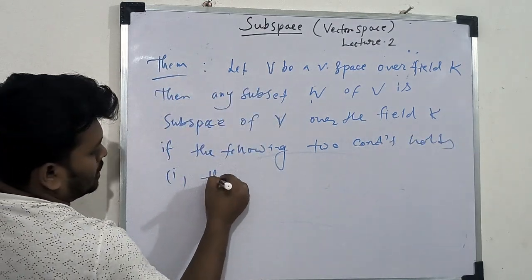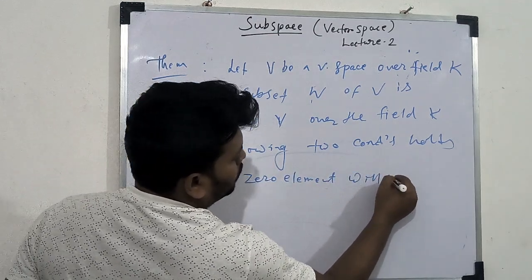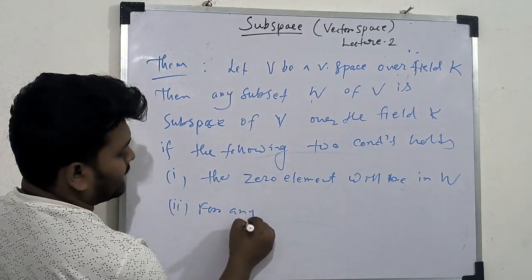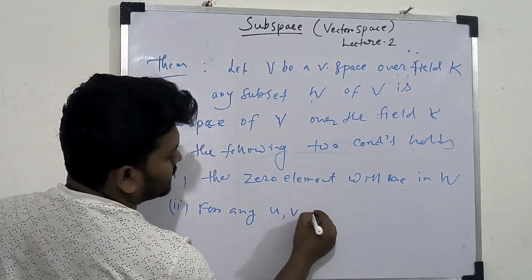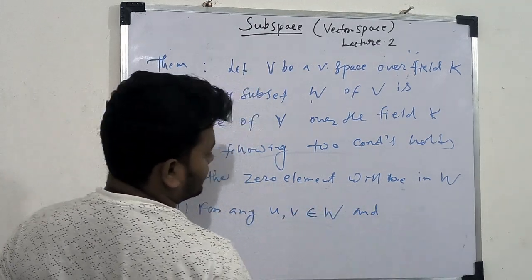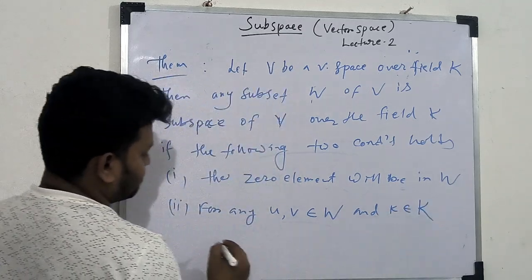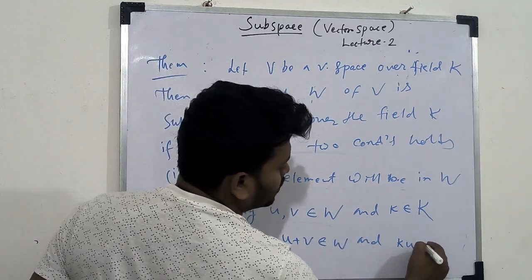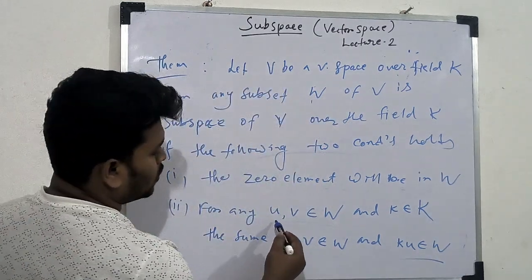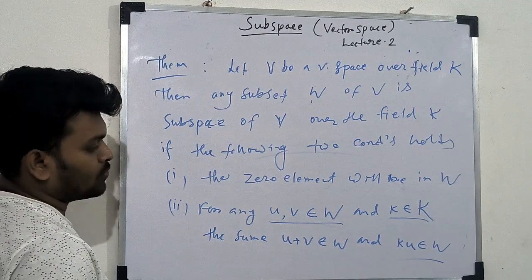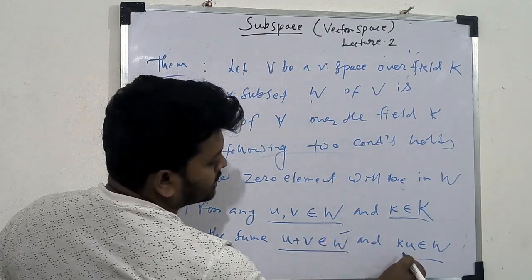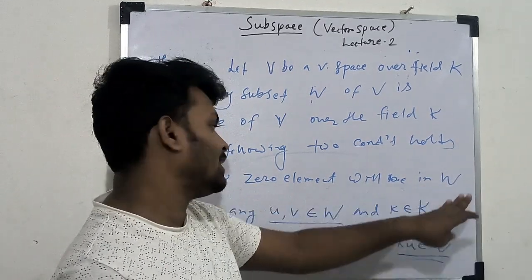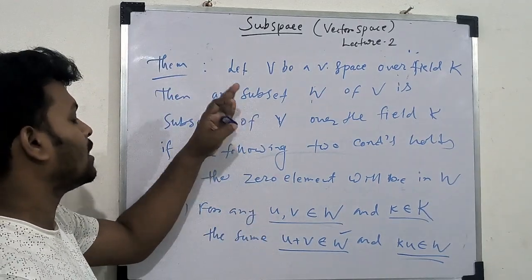One is the zero element will be in W, and second one, for any two u and v belonging to W and a scalar k from K, the sum u plus v will be in W and the scalar multiplication, that is k times u, will be in W. So if we take any two elements from W and a scalar from K, and we can show this sum is contained in W and the scalar multiplication is contained in W and the zero element is contained in this W, then we say this W is a subspace of the vector space V.